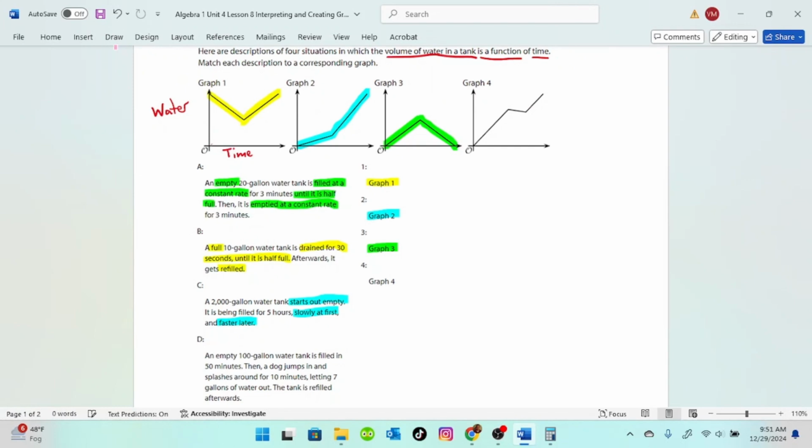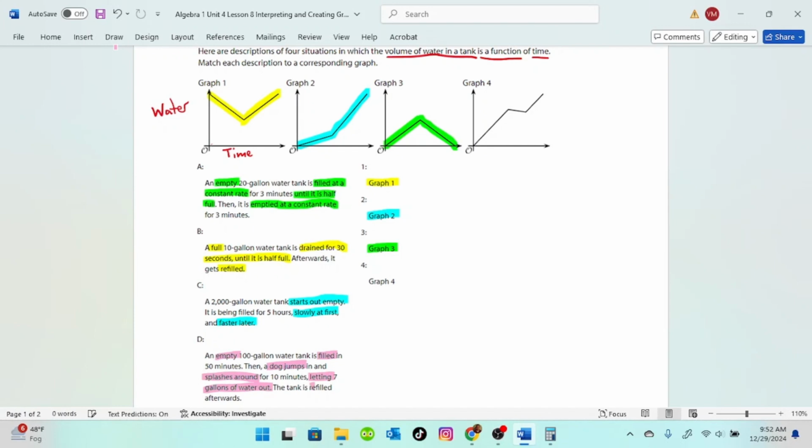And finally, description D, an empty 100-gallon water tank is filled in 50 minutes, then a dog jumps in and splashes around for 10 minutes. So if a dog jumps in and splashes around, it's going to lose a little bit of water. Here it says letting 7 gallons of water out.